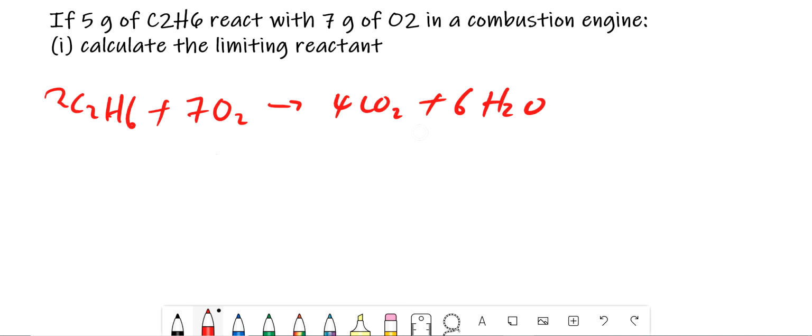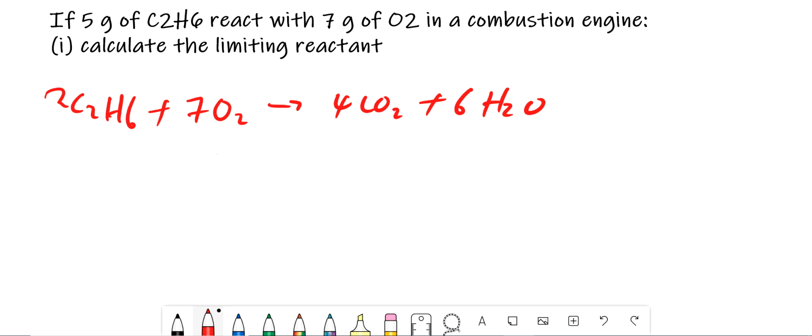All right, so now the next step is to calculate how much product will be produced if 5 grams of ethane react, and you will do the same for oxygen. In this case we will start with ethane.